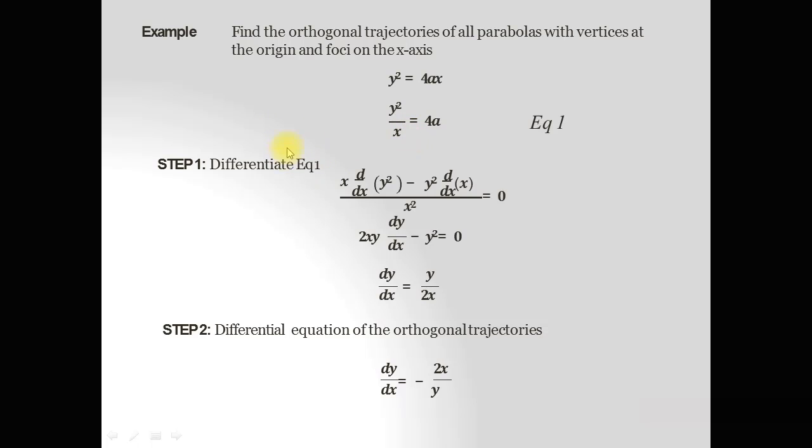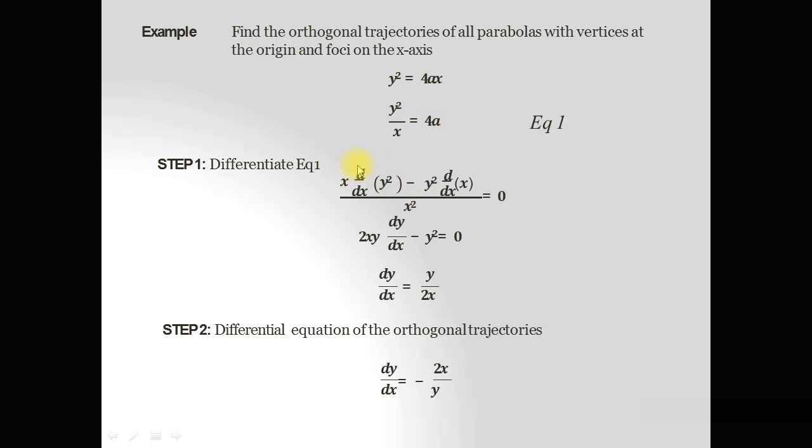Now as I have already told you, in the first step, first of all find the differential equation of the given family of curves. Taking the derivative by the quotient rule, we obtain first times the derivative of second minus second times the derivative of first, divided by the square of the denominator, and the derivative of 4a is 0 because 4a is a constant.